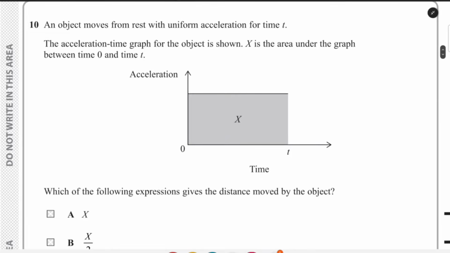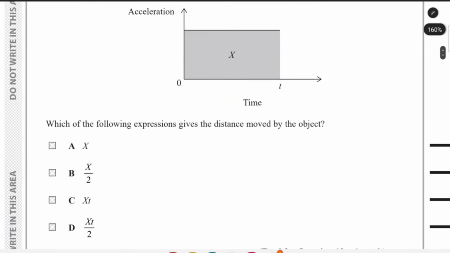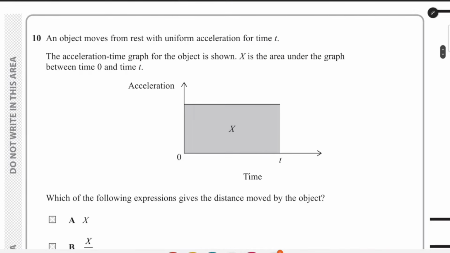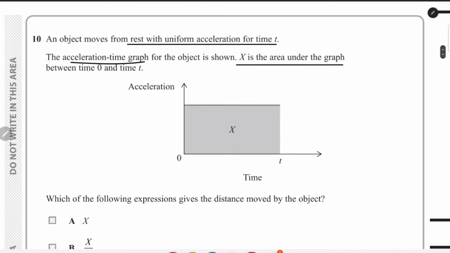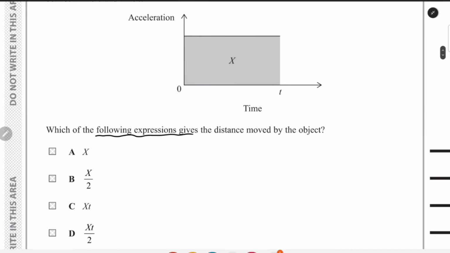Now in the last MCQ, we are given that an object moves from rest with uniform acceleration for time t. We are given the acceleration time graph over here, and x is the area under the graph. We have to find the distance moved by the object.